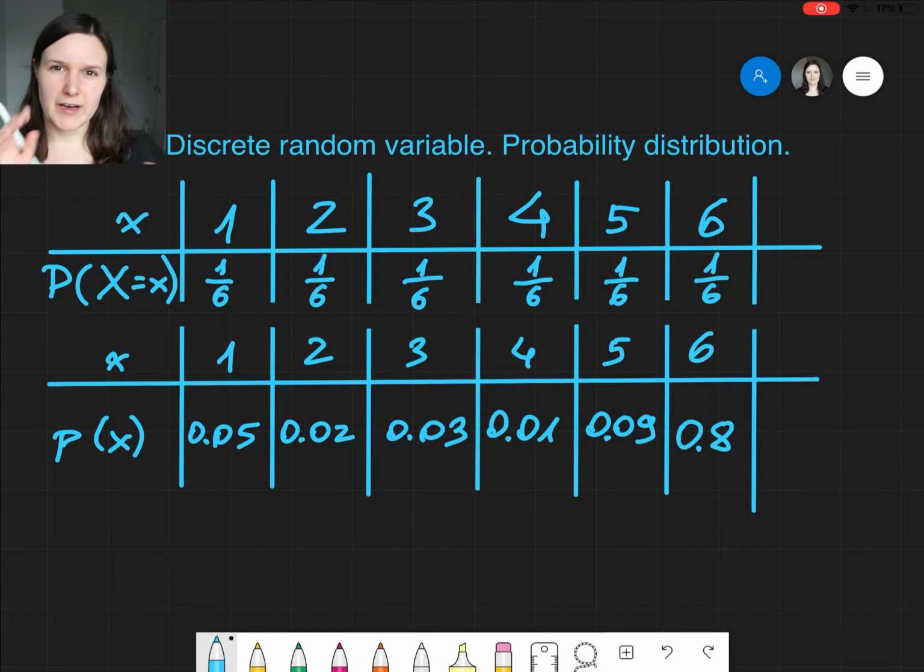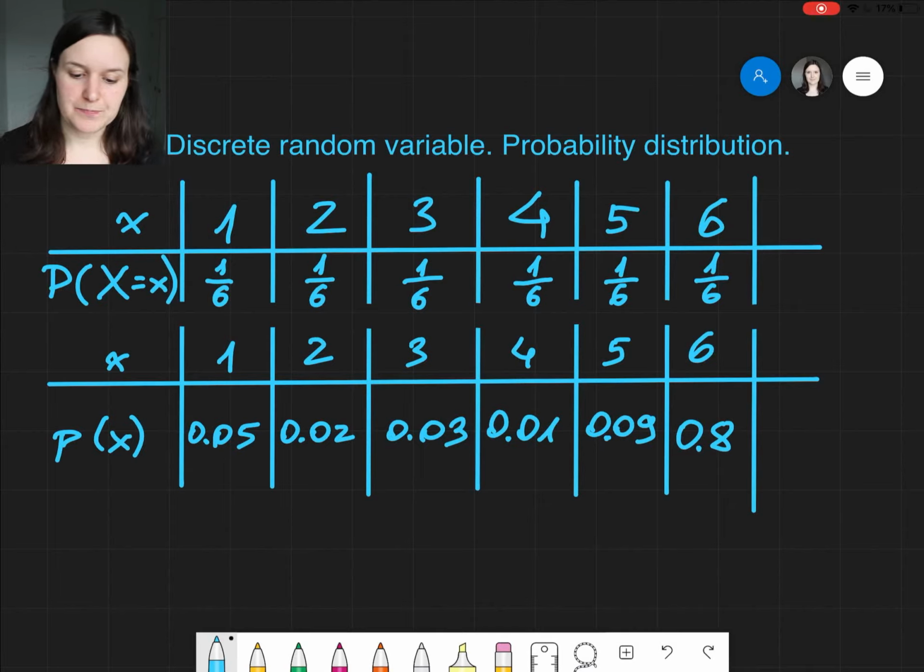Someone filed the die down to make it unfair in such a way that the probability of getting a 6 is way higher than the rest of the results. But what is in common here is that if I add all of these probabilities, let's look at the first table.